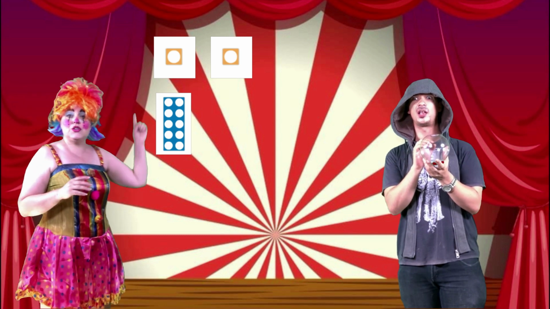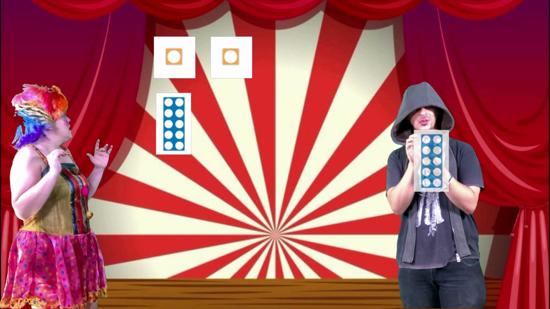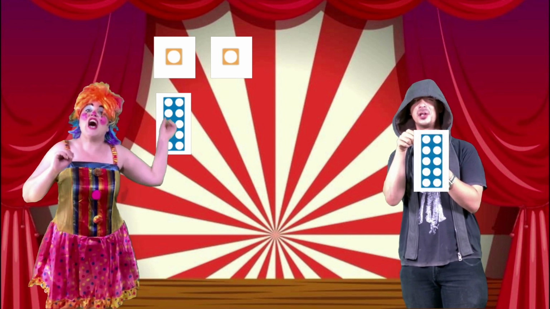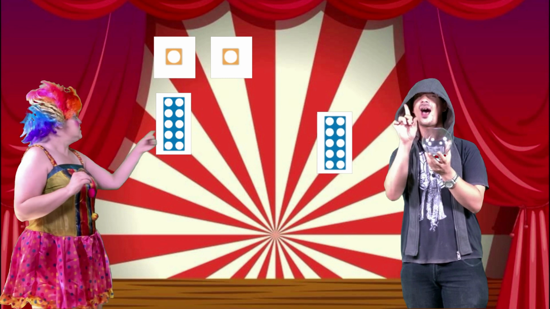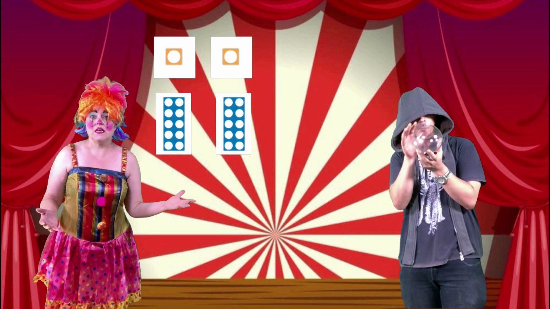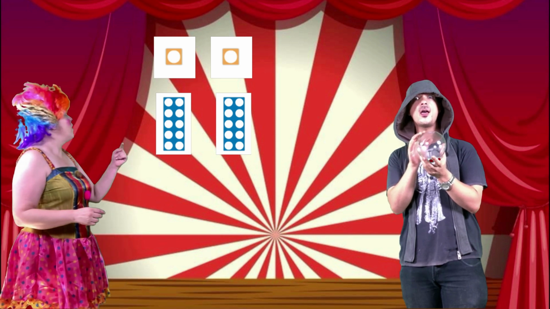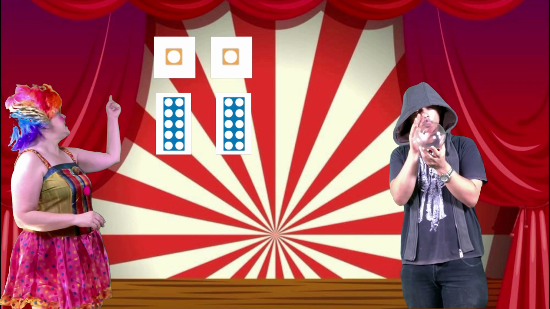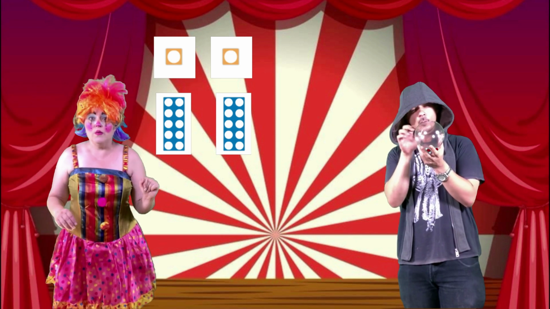That's another Numicon 1 shape. So now we have 2 1s. And another Numicon 10 shape. So now we have 2 10s. So, how many holes in 2 Numicon 1 shapes?